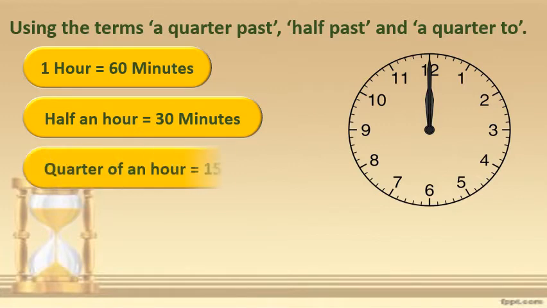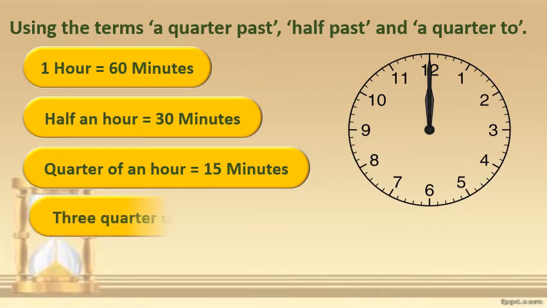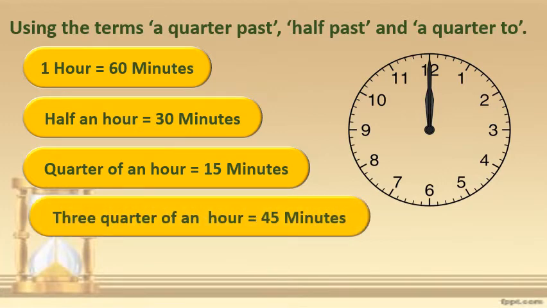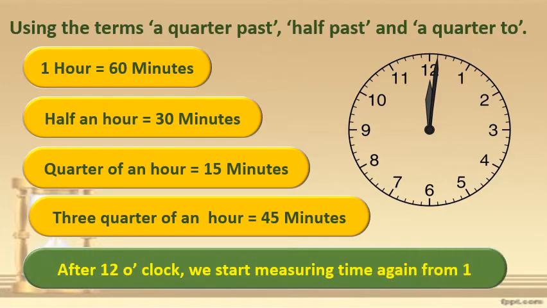That is called quarter. Okay, that is equal to 15 minutes. Got this? Okay, now what about 3 quarters? Here 3 quarters of an hour is equal to 45 minutes because we are multiplying quarter by 3. So it becomes 3 quarter of an hour. Got that? And see this, after 12 o'clock we start measuring time again from 1. You know that, isn't it?